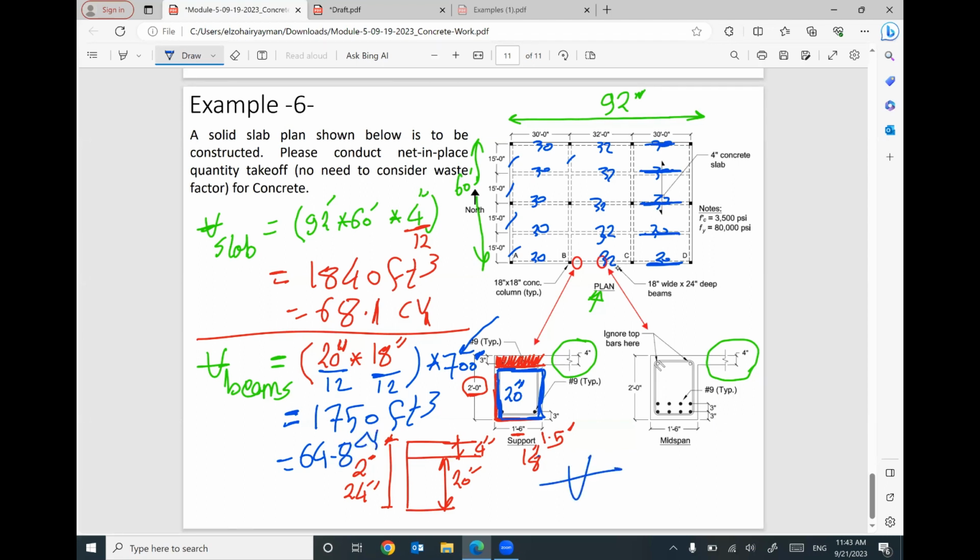So the total volume of concrete that needs to be ordered equals 68.1 plus 64.8. It will be around 132.9 cubic yards. We have a very huge concrete slab, 132.9 cubic yards.